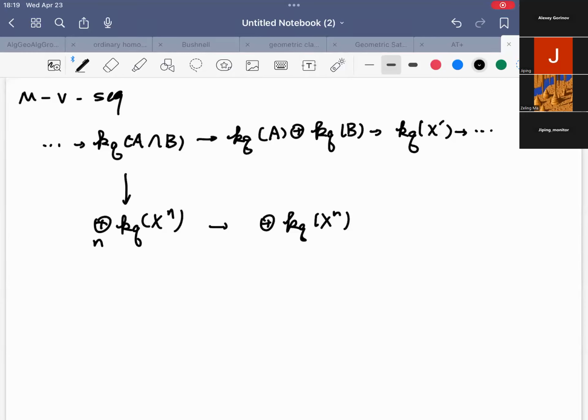This is isomorphic to KQ X. This isomorphism is because we have proved the homotopy groups are the same. This is induced by, if you remember, the same notation as for the homotopy group, R star.